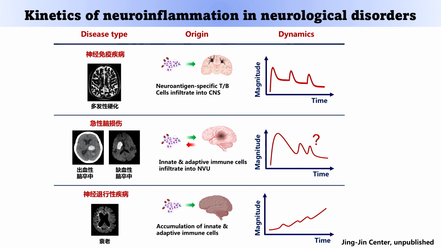So this is by no means accurate, but it's illustrative. It's not to accurately display the degree of severity or the dynamics, but this is just a kind of conceptual illustration.